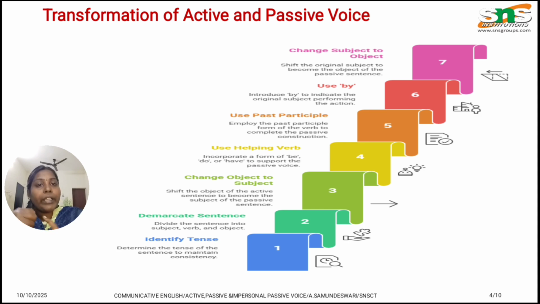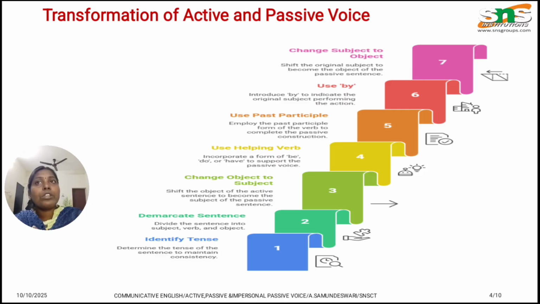For the transformation of an active sentence into passive, or a passive sentence into active, do not change the tense of your verb. Most of the time, students change it. Suppose they get the sentence, 'He writes a letter.' They used to write 'A letter was written by him.'